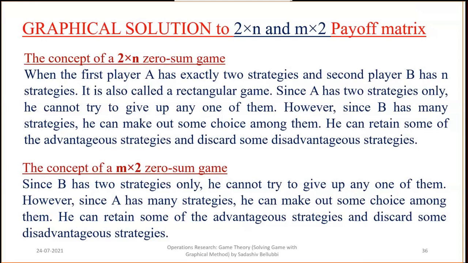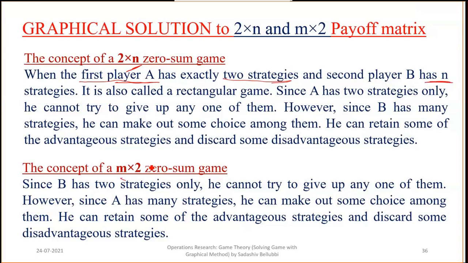Already in the previous sessions we have studied how to solve the 2 by 2 matrix and the m by n matrix, and how to reduce the m by n matrix to the 2 by n or the m by 2 matrix. Here, a 2 by n matrix means the first player A has exactly two strategies and the second player has exactly n strategies.